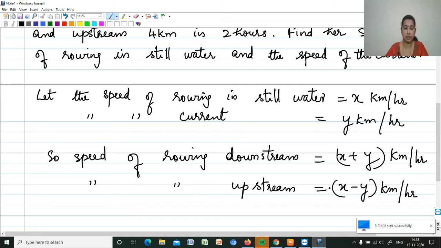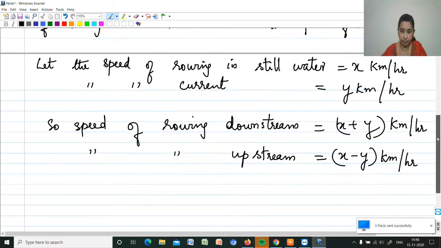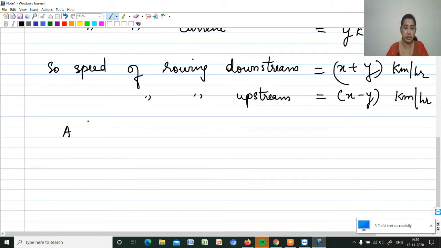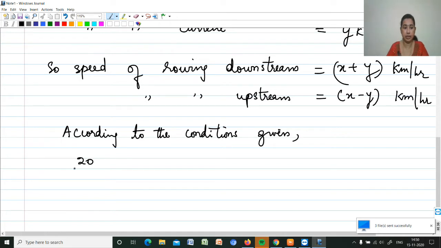According to the conditions given, Ritu can row downstream 20 km in 2 hours. So 20 by x plus y, that is distance by speed, is equal to the time, 2 hours, and in the same way 4 by x minus y is equal to 2.